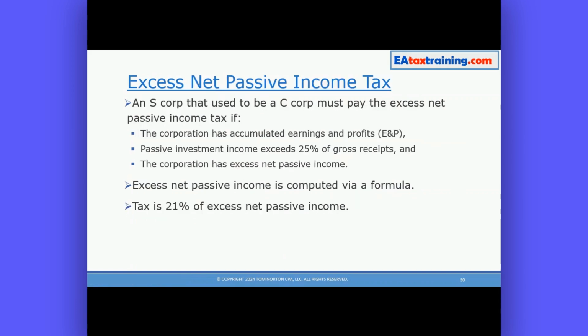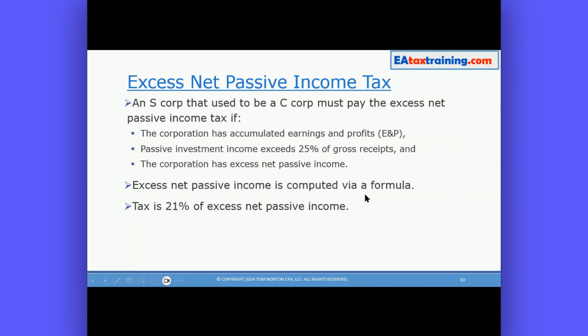Next is the excess net passive income tax. So an S corp that used to be a C corp must pay the excess net passive income tax if the corporation has accumulated earnings and profits and passive investment income exceeds 25% of gross receipts, and the corporation has excess net passive income. What is excess net passive income?